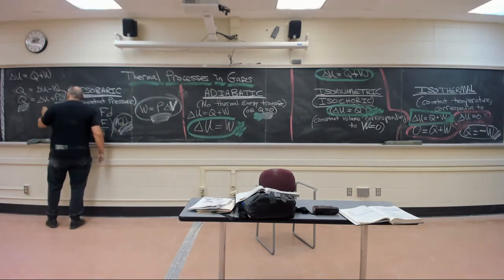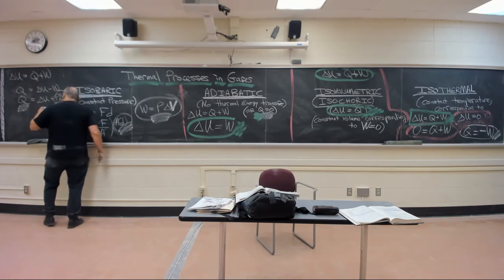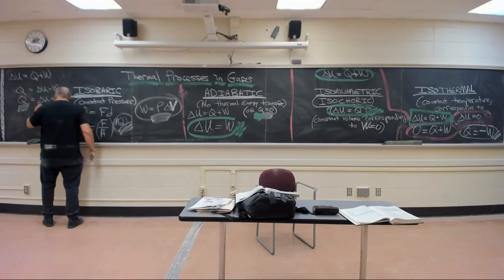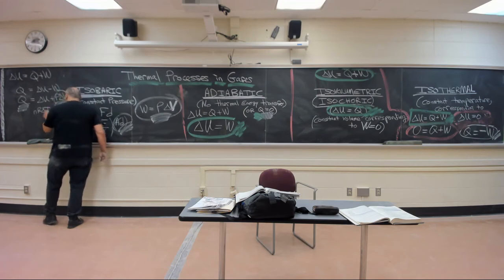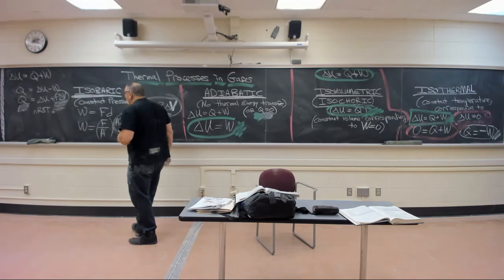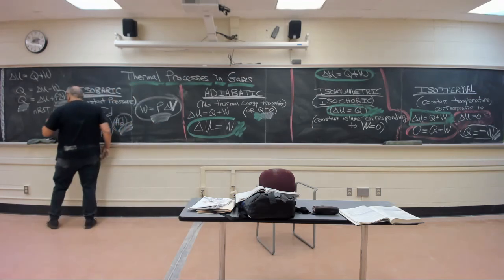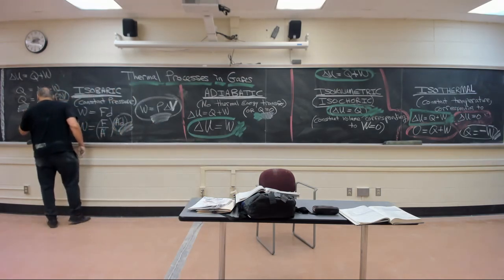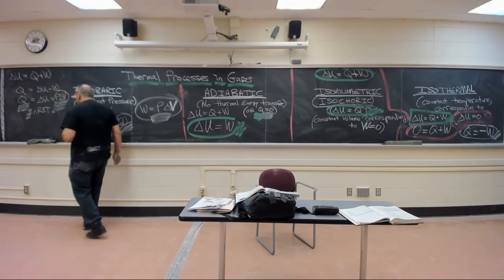And what happens is, remember we said U was nRT, so dU is nR delta T. And this right here, we said it's going to be 3/2 nR delta T.